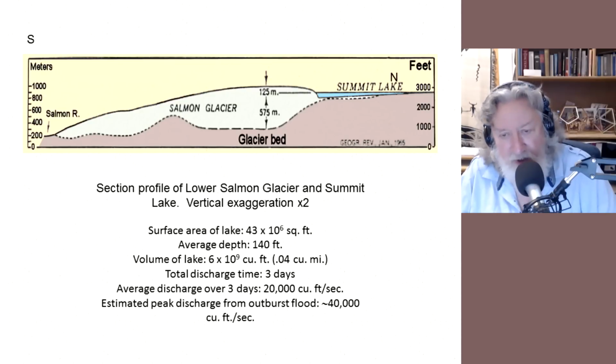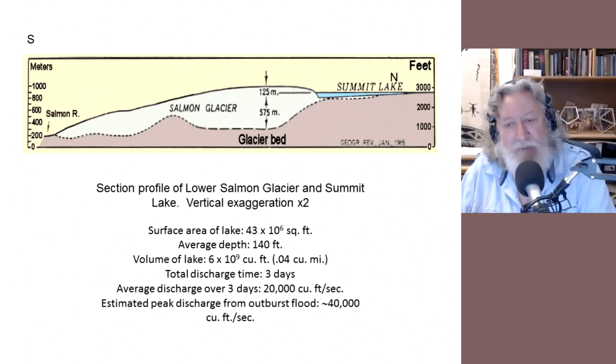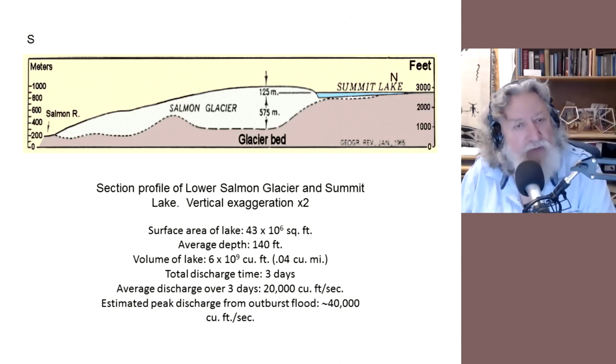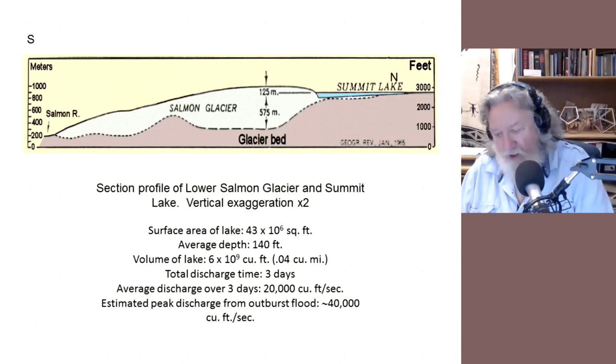Yeah. To go on here, then there's Lower Salmon Glacier and Summit Lake. The average depth at failure of this particular Summit Lake was 140 feet. So divide by 140.